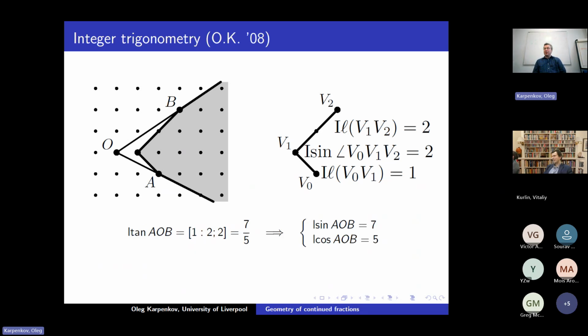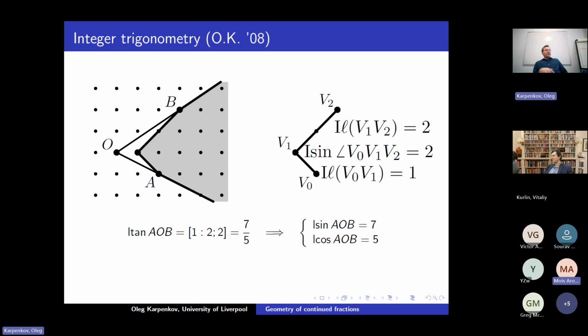And we have seen already a notion of integer sine. That's what I was dreaming of in school when I was studying. I was always dreaming, why should I put these complicated roots when I can just say that sine is 7 and cosine is 5. In lattice geometry, it's precisely the realization of my dream, and probably the dream of many school children, when everything is simple. So integer sine is precisely the numerator of the continued fraction.